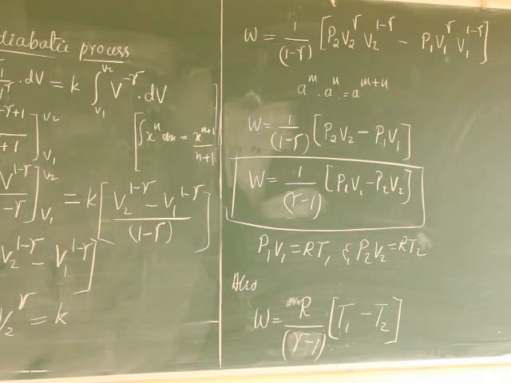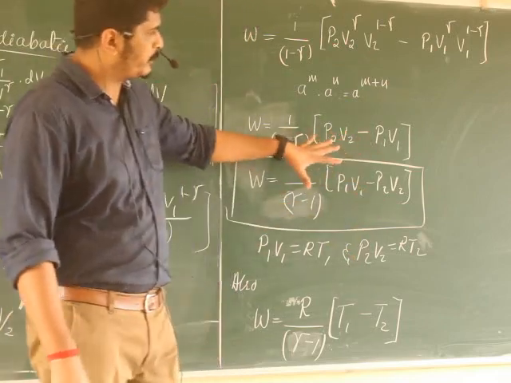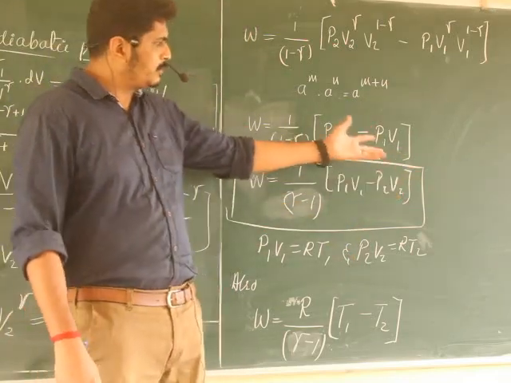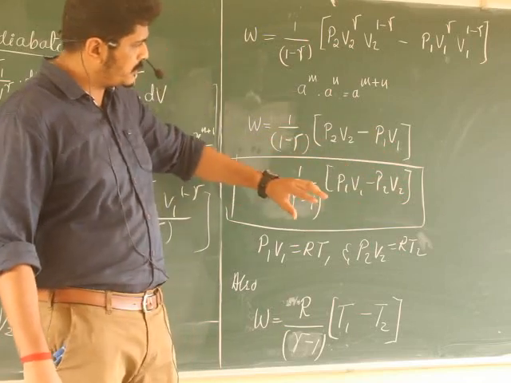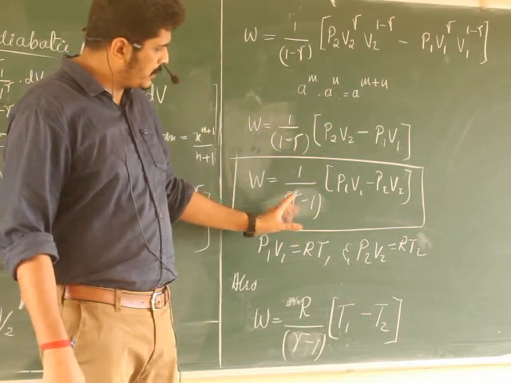Hope it is clear. The equation where I wrote 1 minus gamma was actually for P2 V2 minus P1 V1. So when it is shifted, of course the sign also will vary. That is why 1 minus gamma will become gamma minus 1.